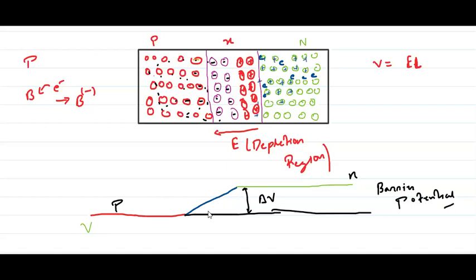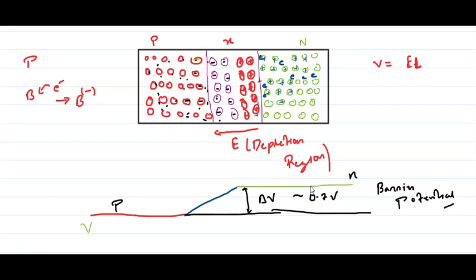And this is different for different atoms. For silicon, it is almost 0.7 volt. Means what does it mean? It means electron should cross this much potential to cross from one junction to other junction.